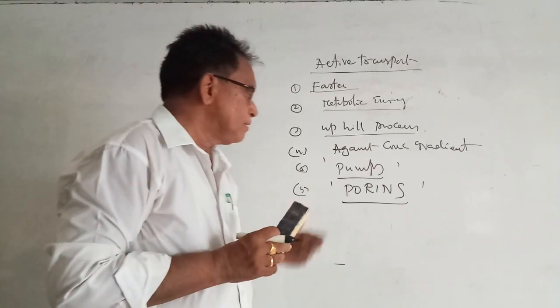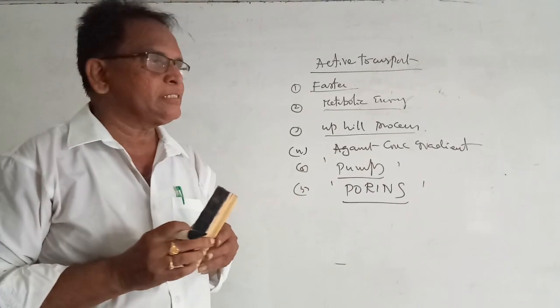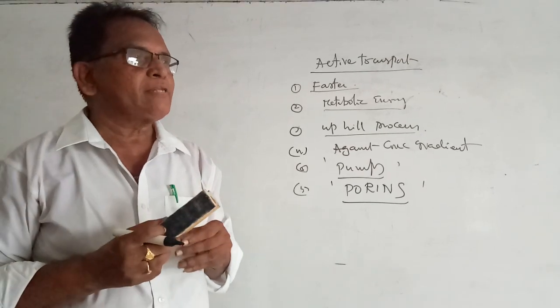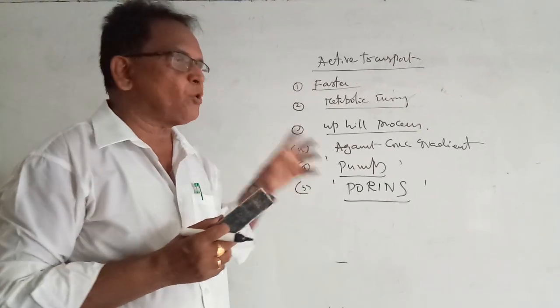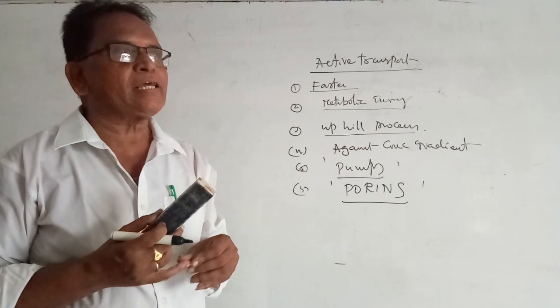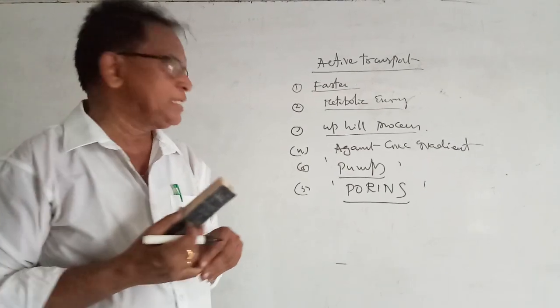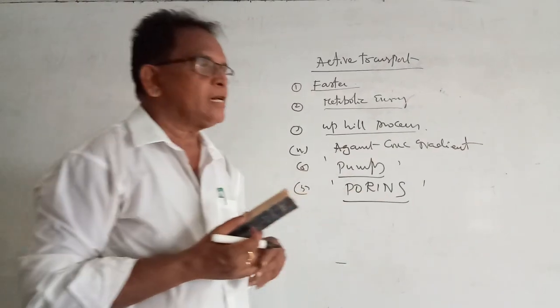Such carrier proteins which are of larger size and which make holes or pores on the membranes of mitochondria, plastids and bacteria are called as porins.